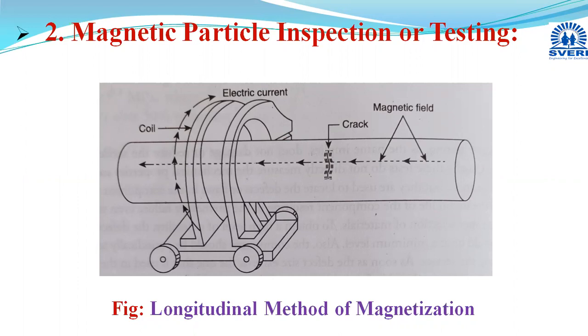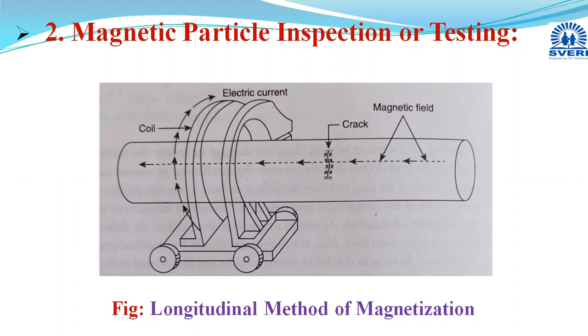Okay, there is one more method, just for your information, in magnetic particle testing: the magna glow method. Same method, but what is the difference here?